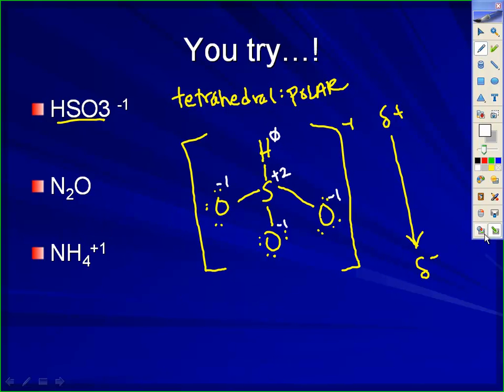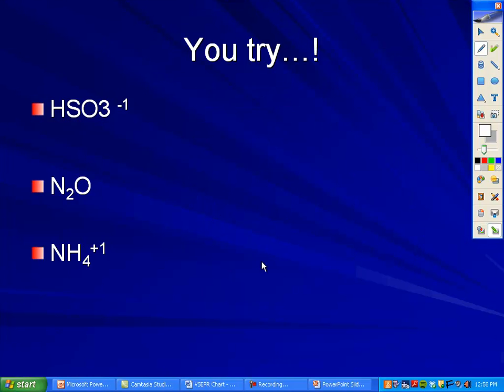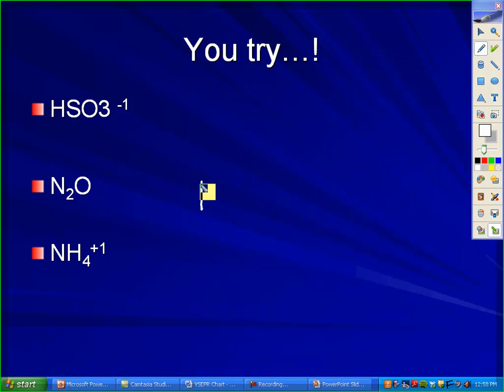For your N2O, your Lewis structure should look like this. Remember, the least electronegative element should go in the middle. That is your nitrogen, so your central atom should be nitrogen.